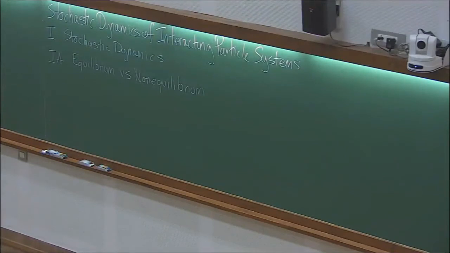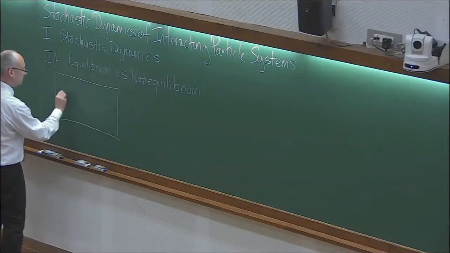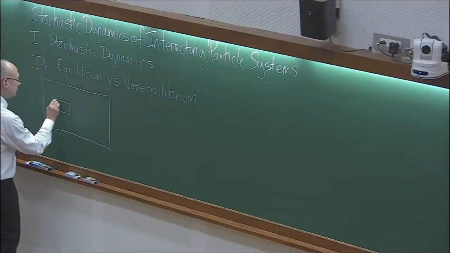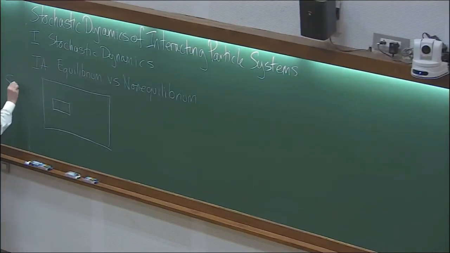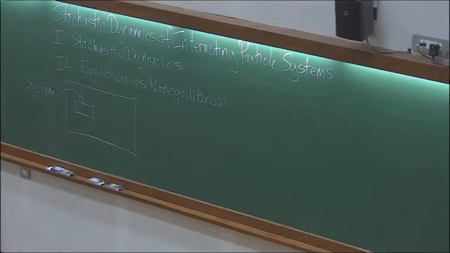So if you remember, for equilibrium, we can think of our system, and this is the system. It lives in a heat bath, usually, or we think of it as in some environment.